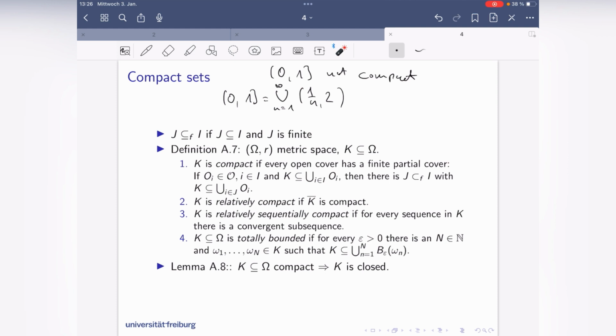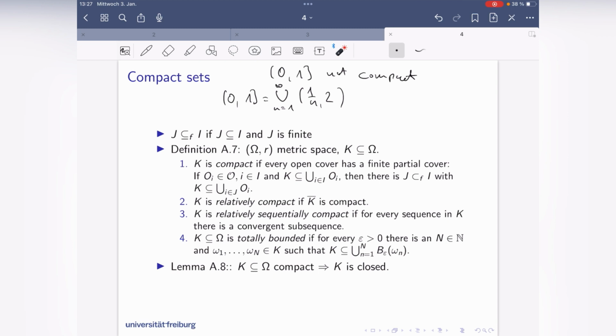And is there a finite partial cover? Which means, can I write (0,1] as a union which ends somewhere at a big N? Of course not. So that's not the case, which means that this set is not compact because it doesn't fulfill the requirement. That's why when you exclude 0 here, it's not compact.